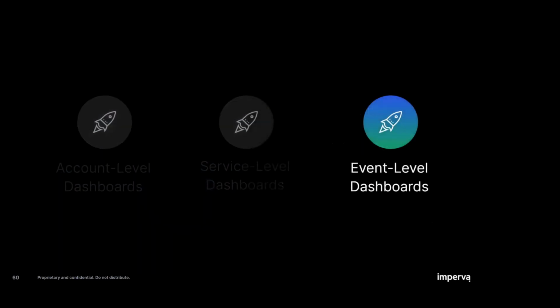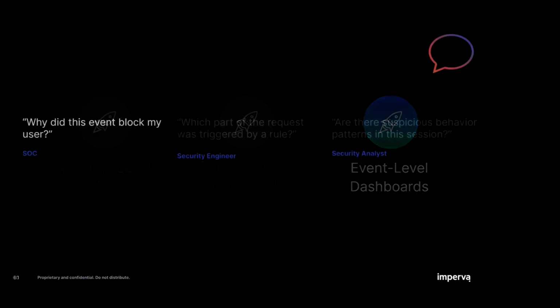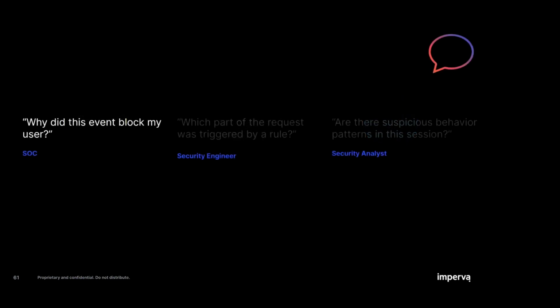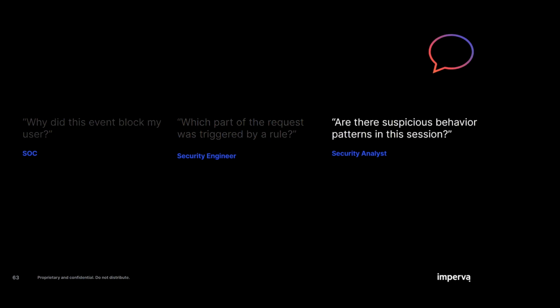Finally, event level dashboards. This is the third level, the deep detection level. So event level dashboards come to answer questions like, why did this event block my user? Which part of the request was triggered by a rule? What are the suspicious behavior patterns in this session?